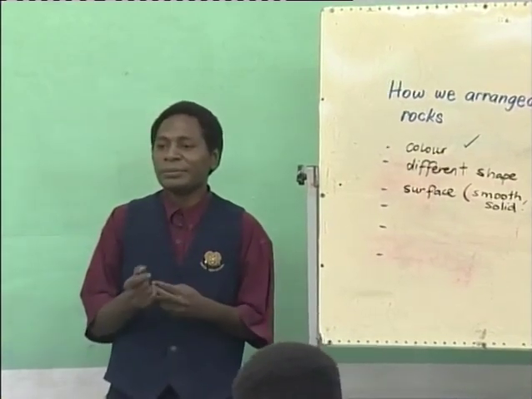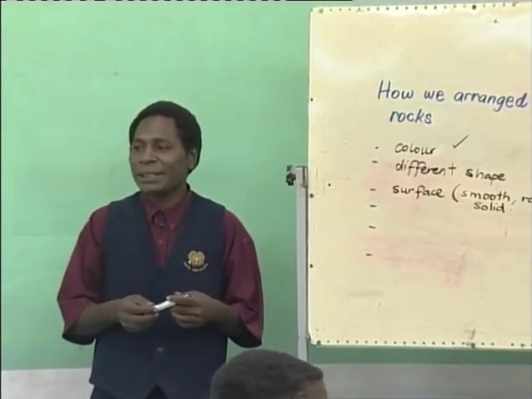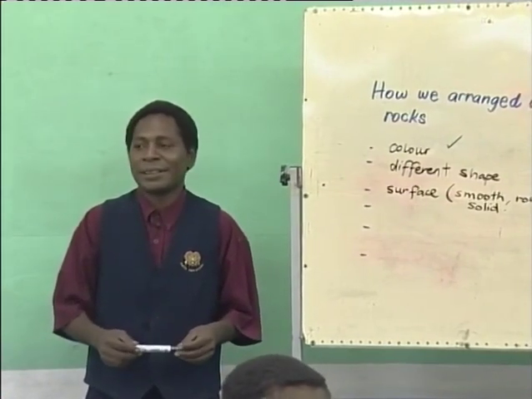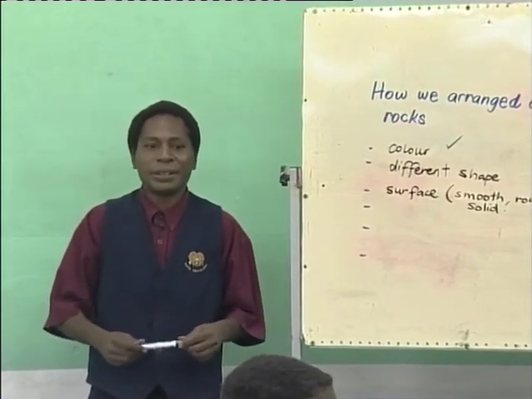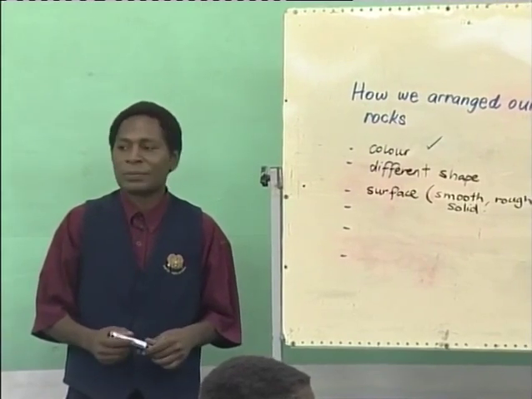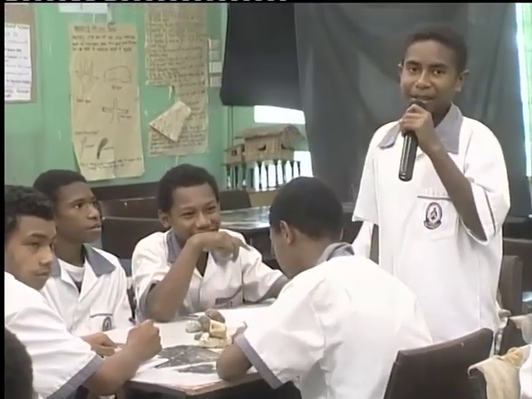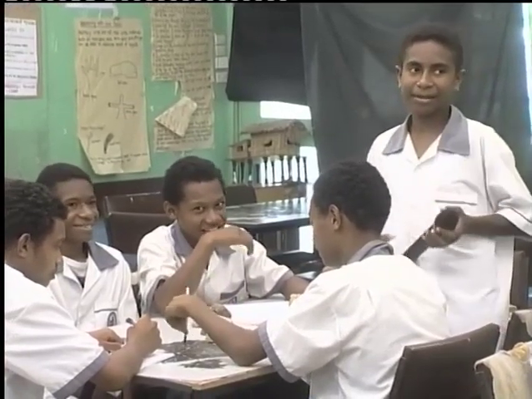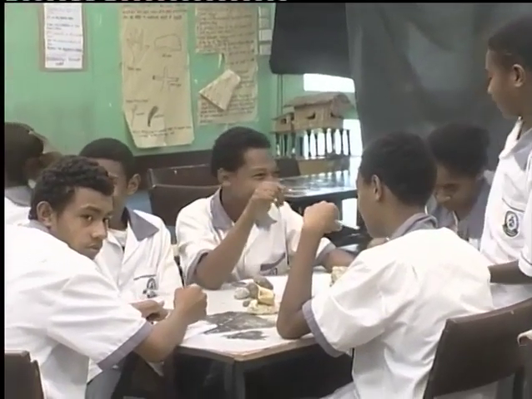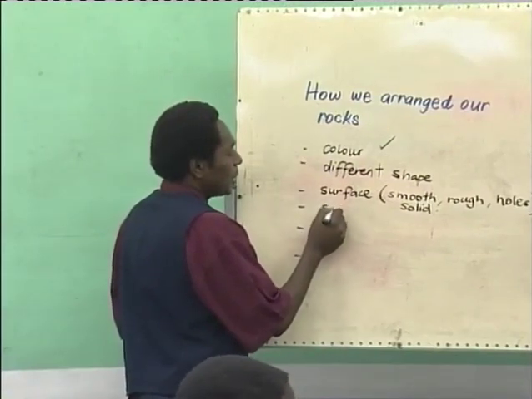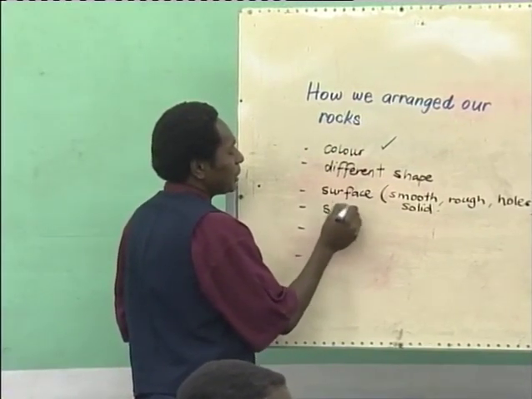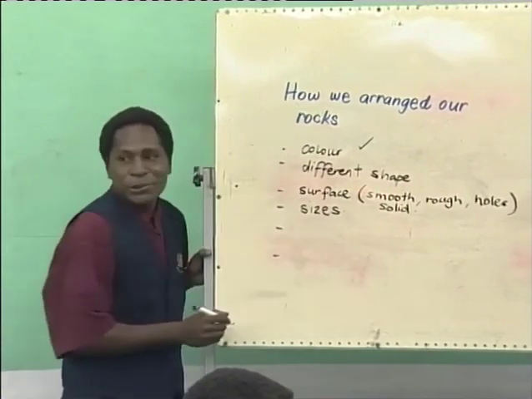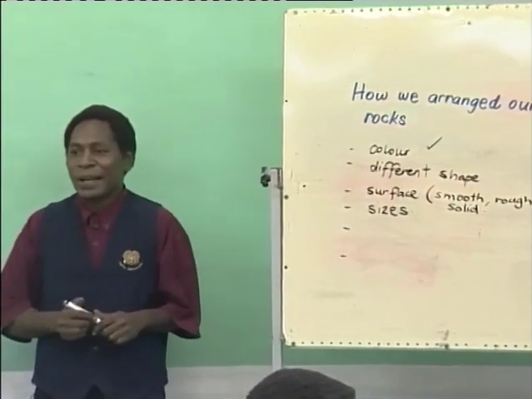Jordan, Samuel, Ashanti, Jordan. Good. Okay. We group the rocks according to their sizes. The sizes. Right, that's one of the things that they grouped it according to, the sizes.